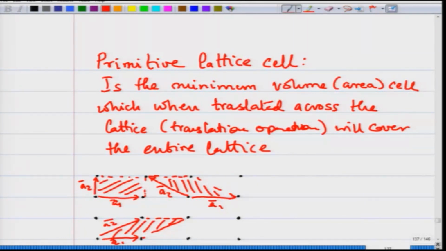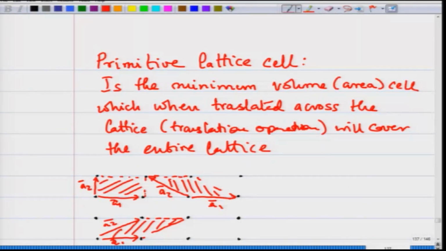These are the minimum volume or area cells which you can define for a lattice, which when translated across the lattice will cover the entire lattice. So this is one example, this is another example, this is another example. These will all uniformly cover the entire lattice. So these are different choices of the primitive lattice cell, and they are bounded by these fundamental translation vectors a1 and a2.